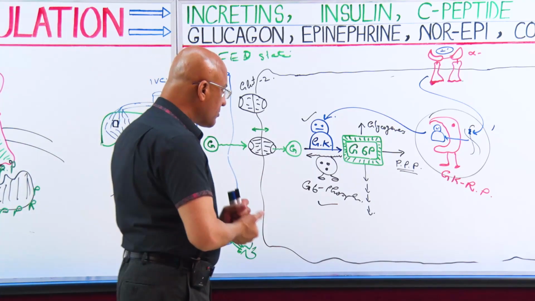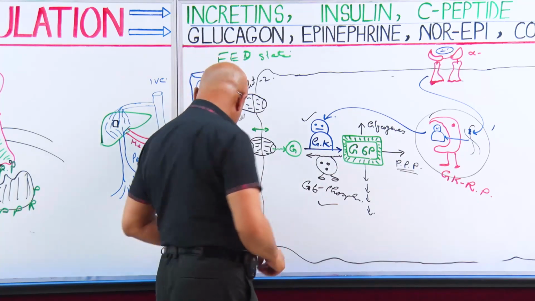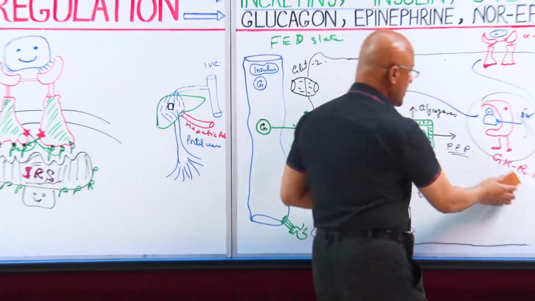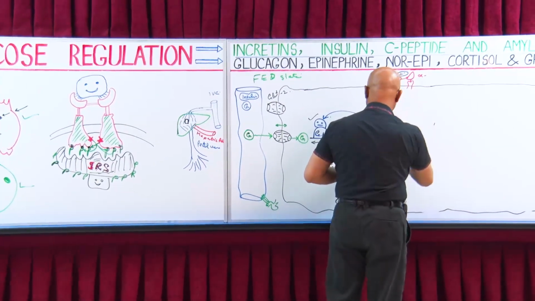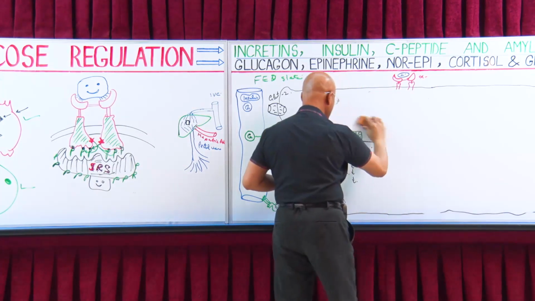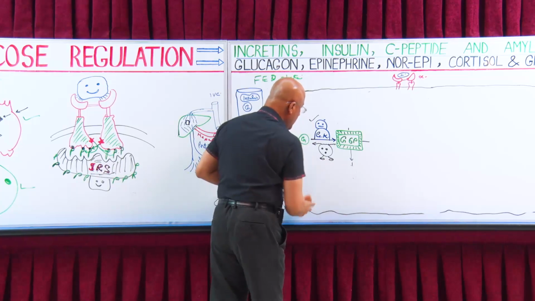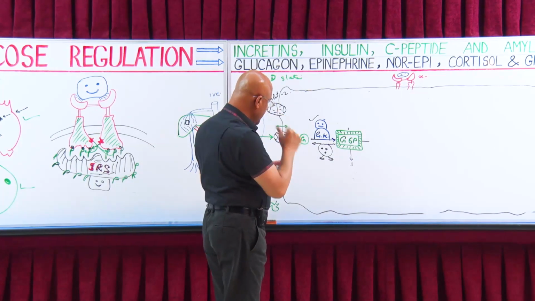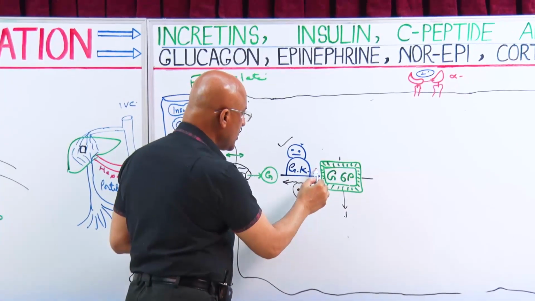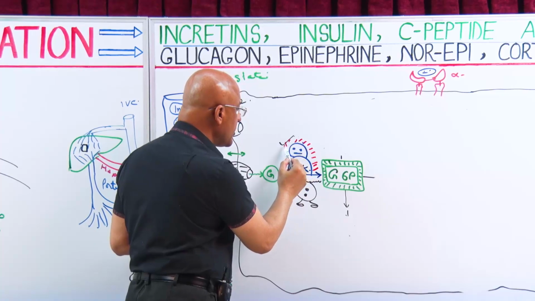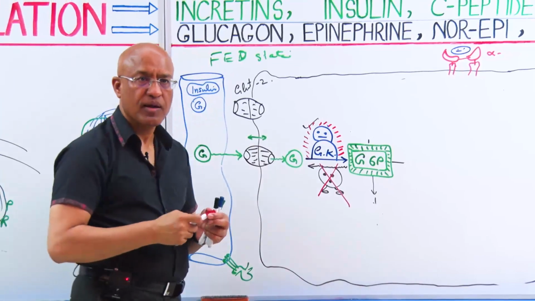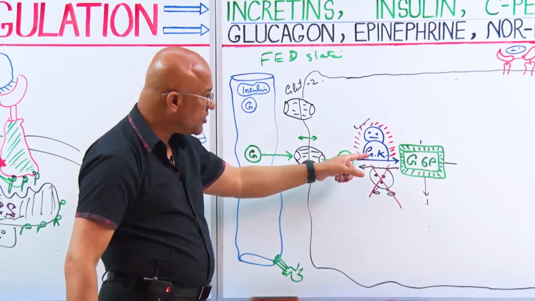Now, of course, under present circumstances, which we are talking about, that there is fed state, in this fed state, this enzyme, glucokinase, is in active state, and this is in inactive state, right? Why is this active?